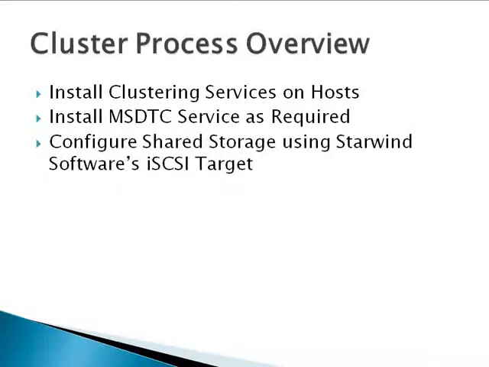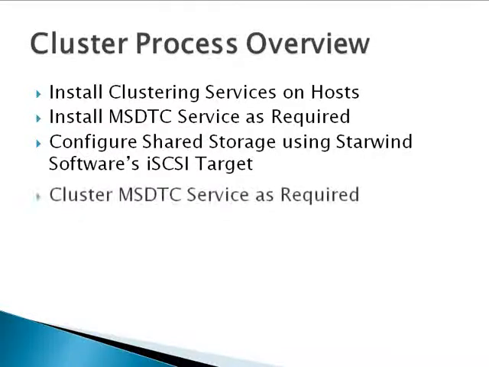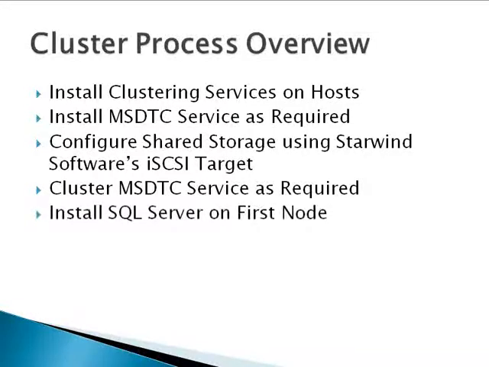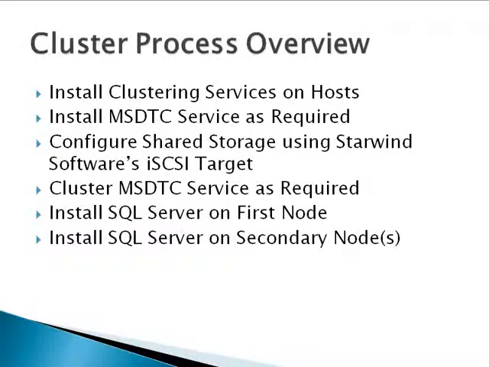The next thing we'll be doing is configuring our shared storage using StarWind Software's iSCSI target, since that's the iSCSI target we'll be connecting to for our storage. Once that's done, we'll be clustering the MSDTC service, because that is being installed on our cluster. Once that's done, we'll install SQL Server on the first node. We'll then install SQL Server on any additional nodes. In this case, it's just a 2-node cluster. And then you can test your failover back and forth.